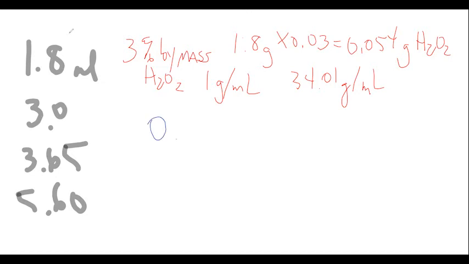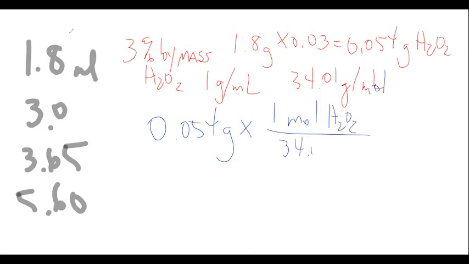So I've got 0.054 grams, and I want to always multiply, never divide. I want moles, so I'm going to put moles on the top. 1 mole of H2O2 is 34.01 grams.